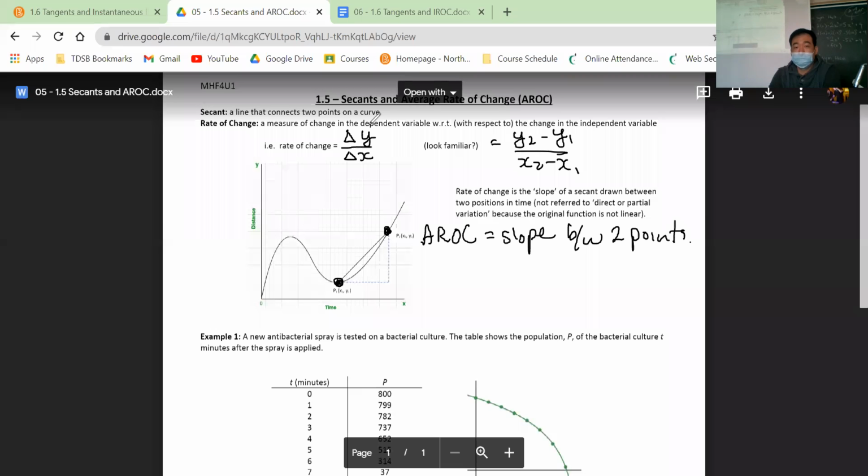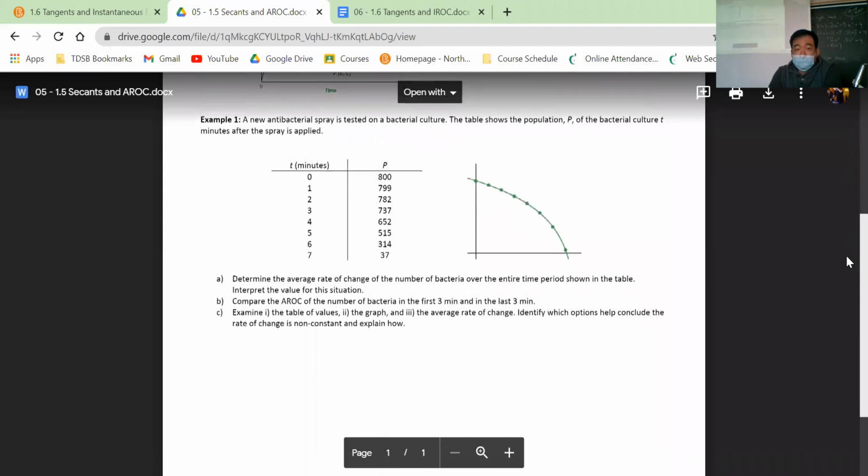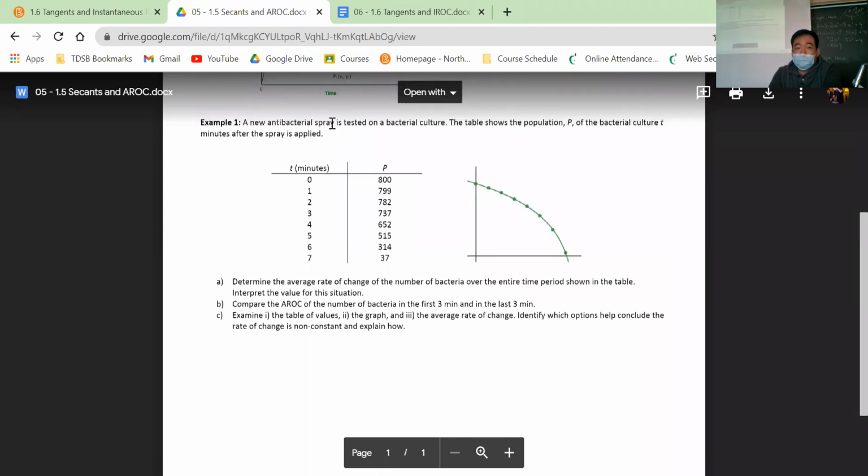Okay, so let's move on then. A new antibacterial spray is tested on a bacterial culture. The table shows the population P of bacteria, T minutes after the spray is applied.